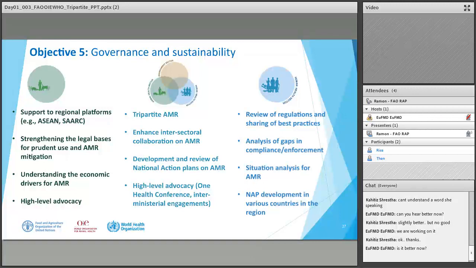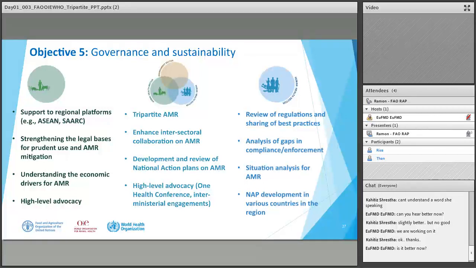On the WHO side, from the human health side, they are also conducting review of regulation and sharing best practices, and analyzing the gaps in compliance and enforcement, and situation analysis. WHO together with FAO and OIE helped countries to develop national action plans in many countries.